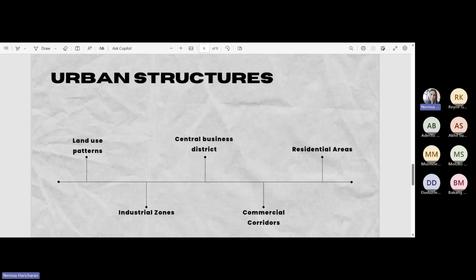And then you've got commercial corridors, which are basically strips of land along a major transport route, like a highway, for instance, that is quite concentrated, meaning there's a mix of retail stores, restaurants, different service offerings, entertainment areas, etc.